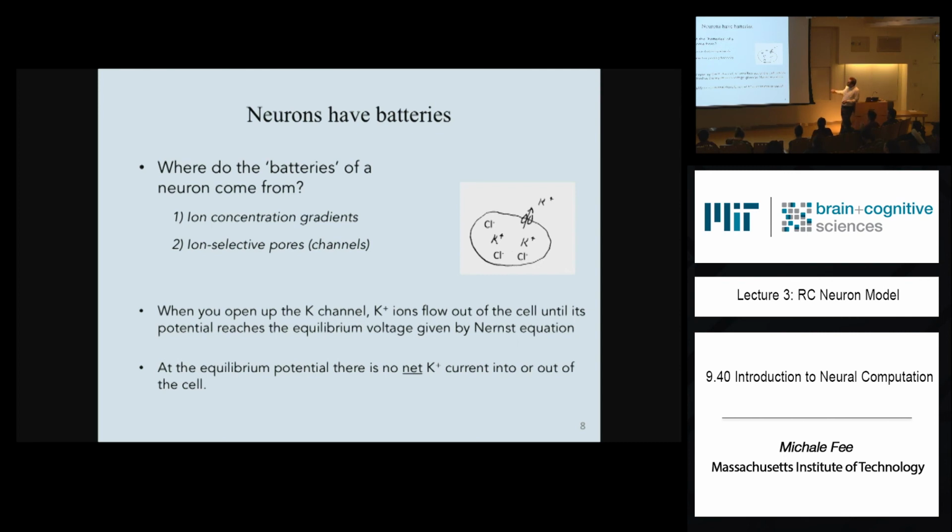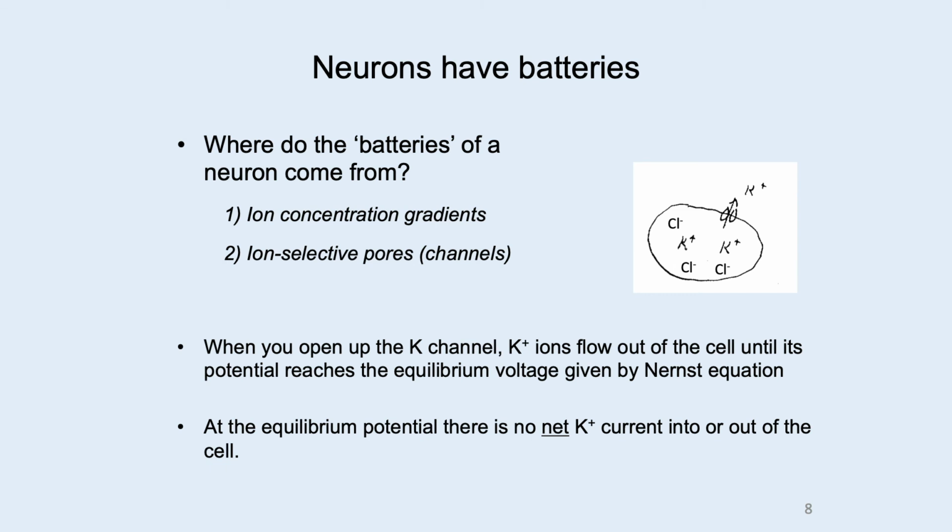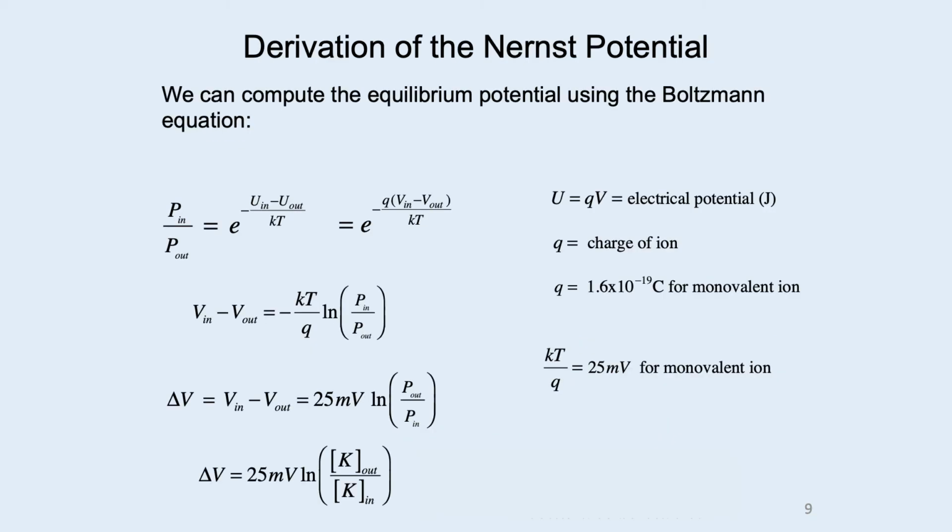Okay? At equilibrium, at the equilibrium potential, there's a particular voltage at which there's no net potassium current into or out of the cell. Okay? And that's what we mean by equilibrium potential, otherwise known as the Nernst potential.